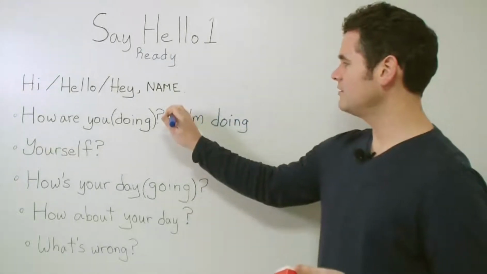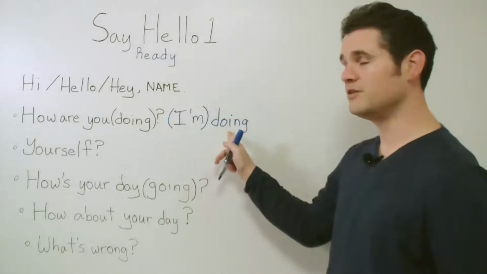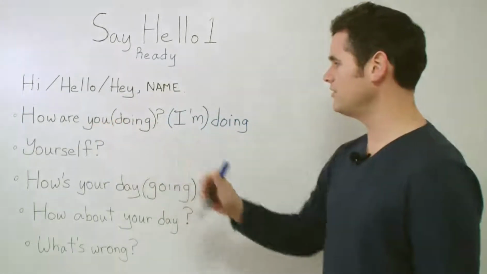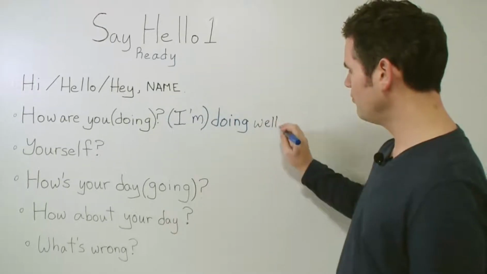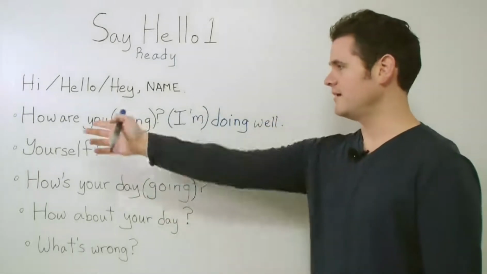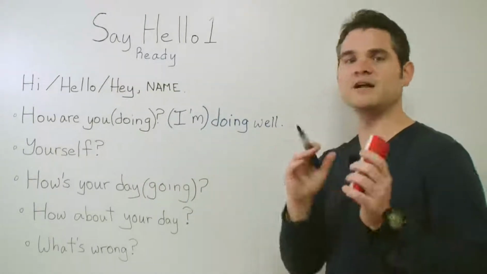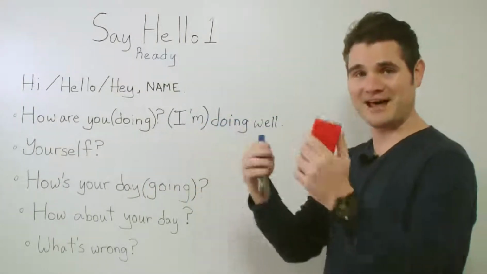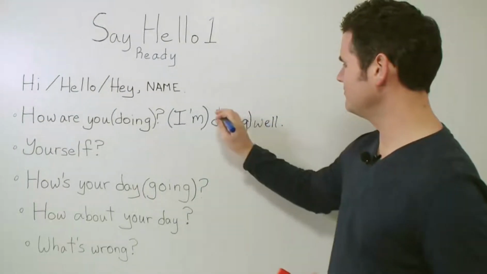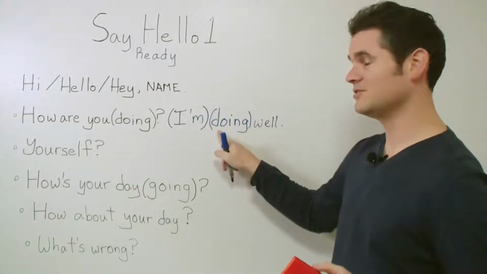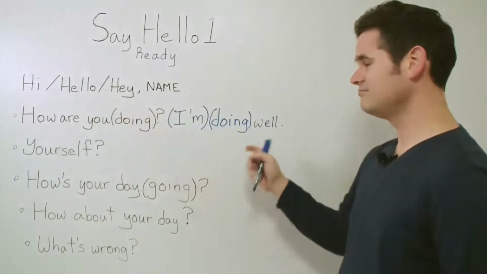So I'm can be optional, and you can just say doing. How are you doing? Doing well. How are you? Doing well. So understand that there are different patterns that you can answer this. And also, you can take doing away. Make it optional. How are you?